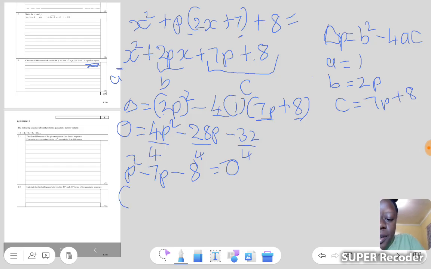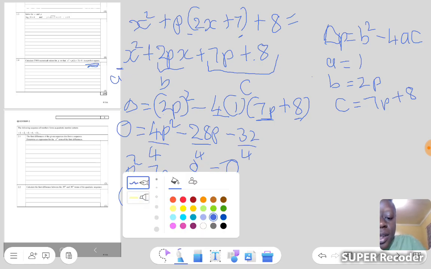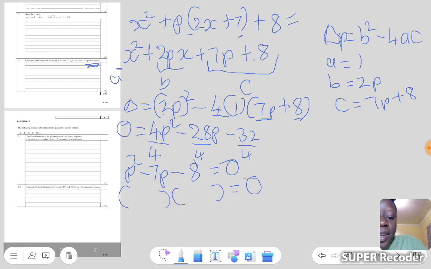Here let's look, let's find factors of 8 that when we add them, they give us negative 7. We have 8 and 1 itself, like this.